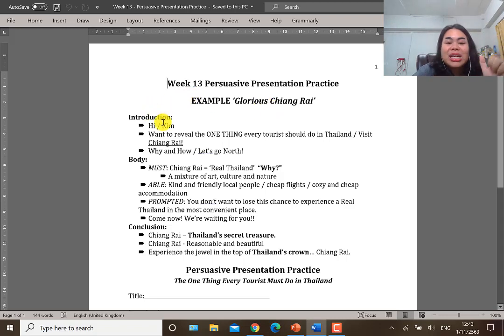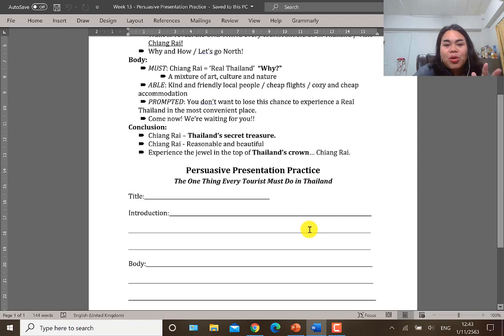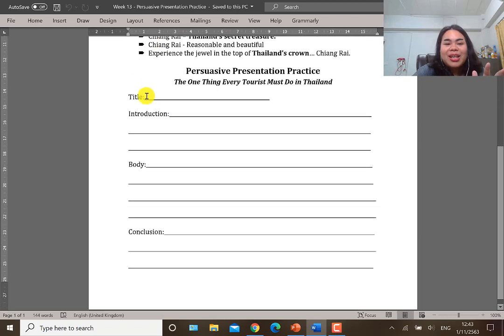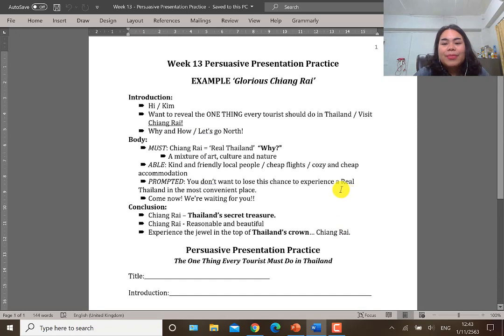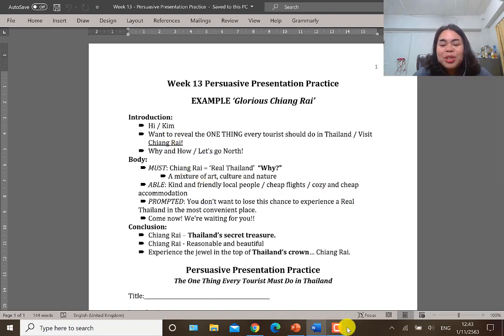So of course you need introduction, you need body, and you need conclusion. And for your own work, I'm going to attach this to the Google Classroom so you can have it for your own copy. Title, introduction, body, and conclusion. These are just outlines, but you're going to see the real thing in the slides here.